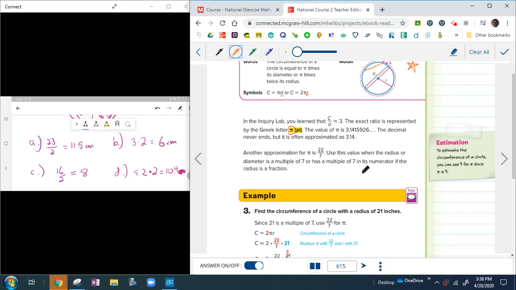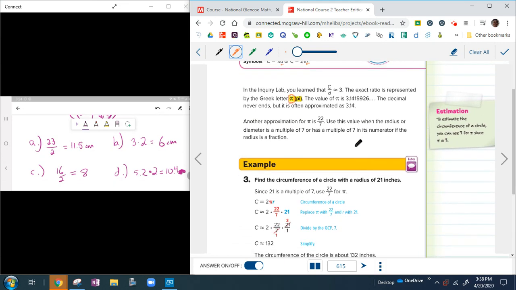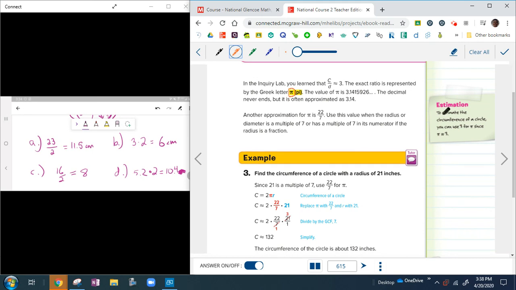To estimate the circumference of a circle, you can use 3 for pi, since pi is approximately equal to 3. So if you're just trying to do something in your head, you could get about the right answer to see if your answer would be reasonable or not. Just real quick in your head, think of pi as 3, do 3 times whatever.